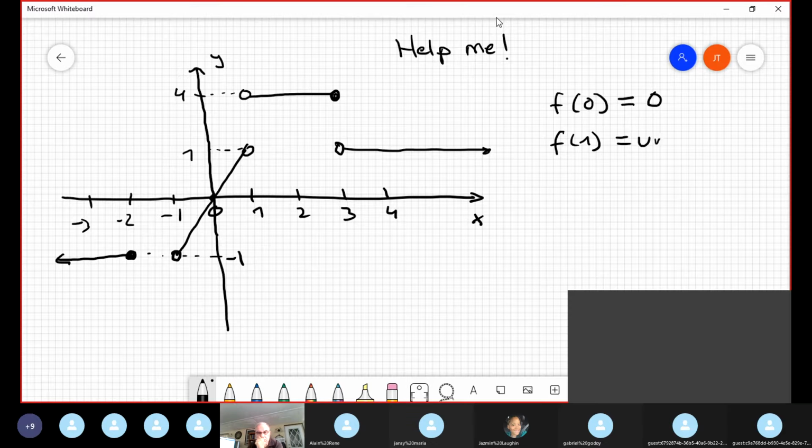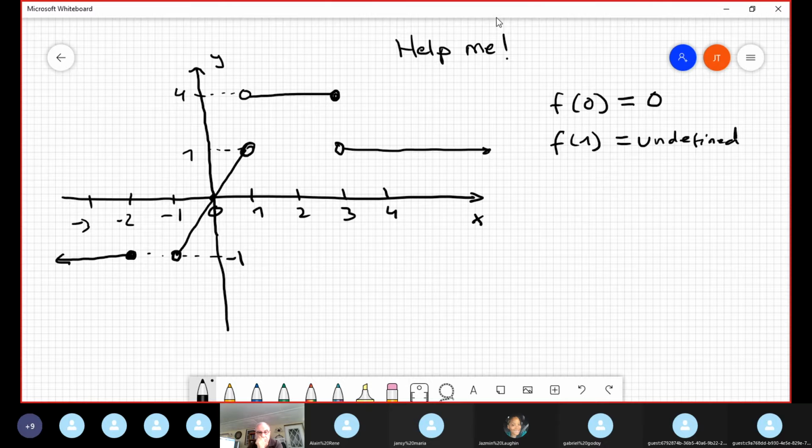Undefined. Very well. Why? Because we have two open circles. We have no value associated at 1. If one is closed, then it's the value for the closed. If both are open, undefined. And both closed is impossible because that is another function.